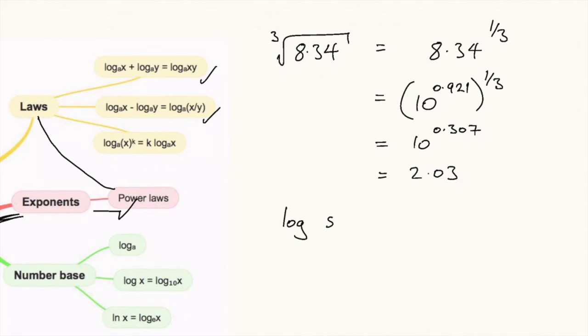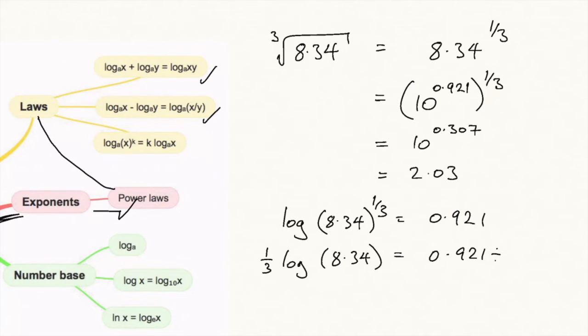Repeating this example using logarithms, the log to base 10 of 8.34 is equal to 0.921, and to find the cube root, we divide this by 3, giving 0.307. We then convert this back by taking the inverse log. 10 to the power 0.307 is equal to 2.03, as we expected from our working with indices.